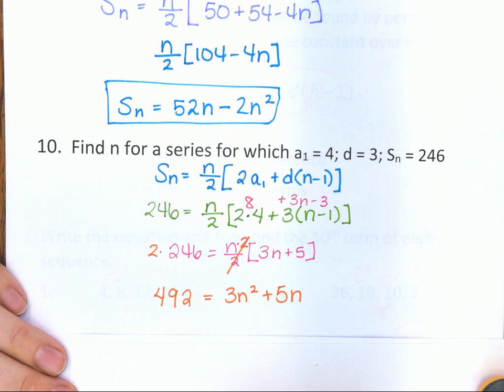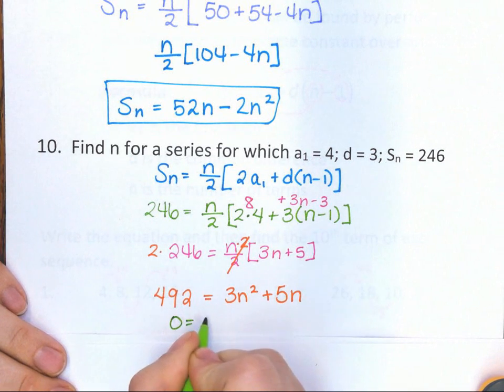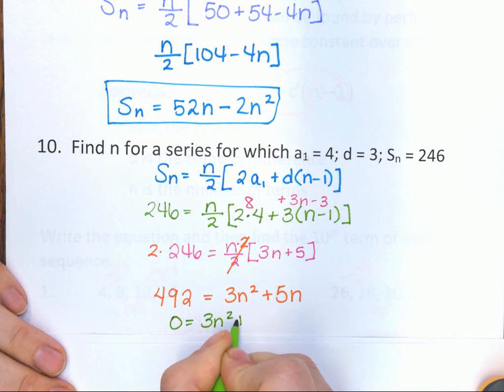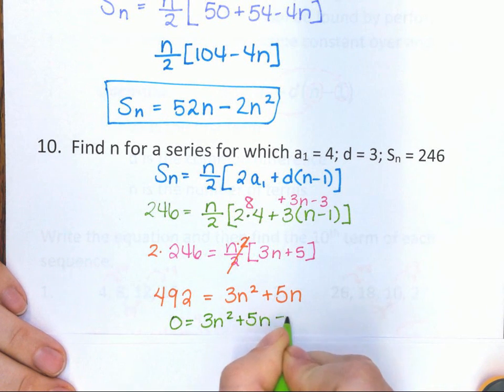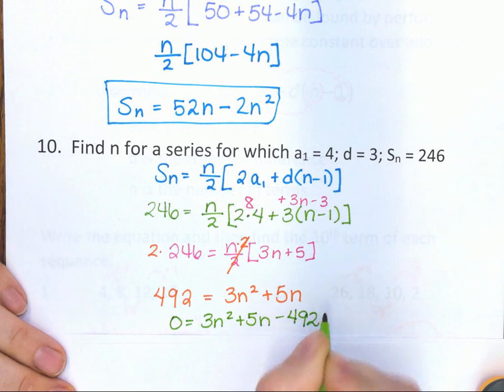Because it's less than 250? That's okay. All right, how do I solve an equation that has those types of pieces in it? Subtract 492 because it's got to be equal to 0. So 0 is 3n squared plus 5n minus 492.